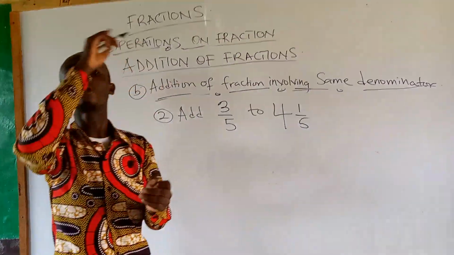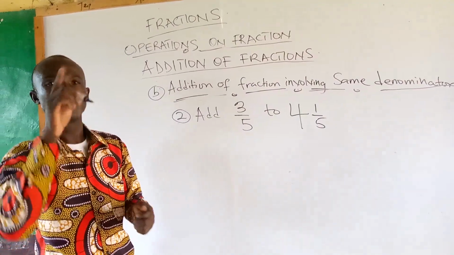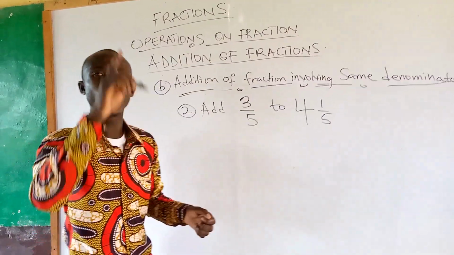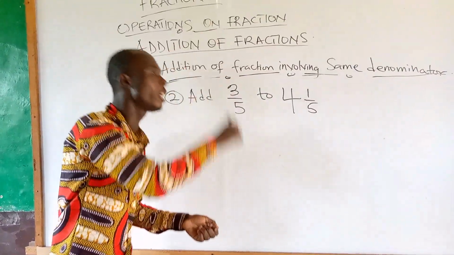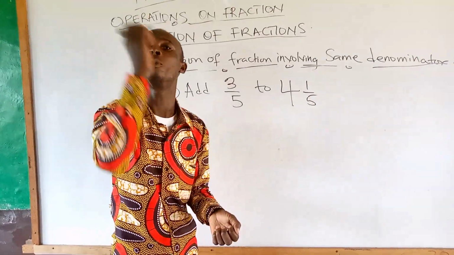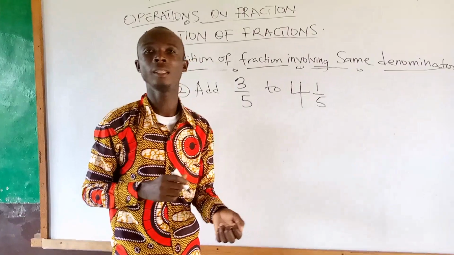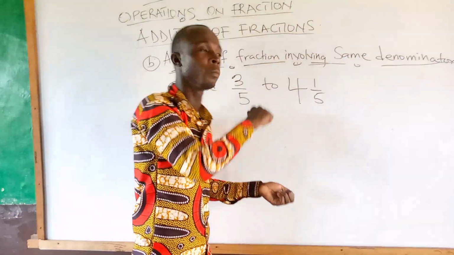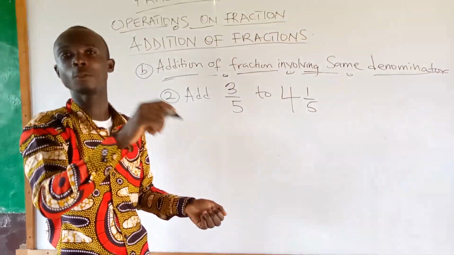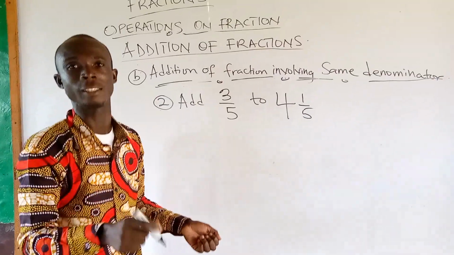And always note that once you are given a mixed fraction in the question, you must change that mixed fraction to improper fraction. That is why it was necessary for me to teach you changing mixed fractions to improper fractions.